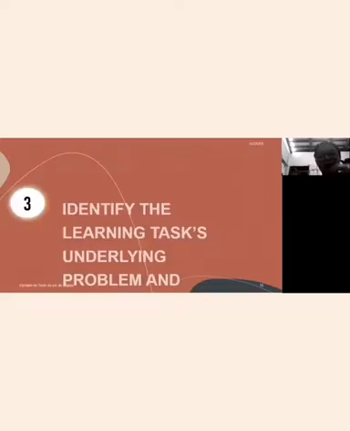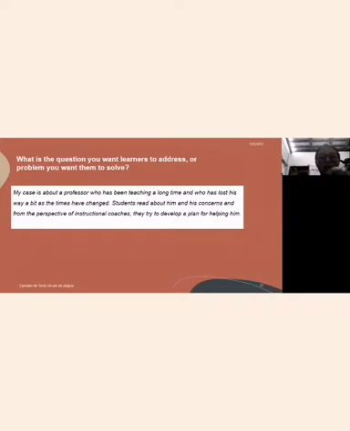Then identify the learning styles and underlying problem. Self-analyze: what is the question that you want learners to address, or the problem you want them to solve?